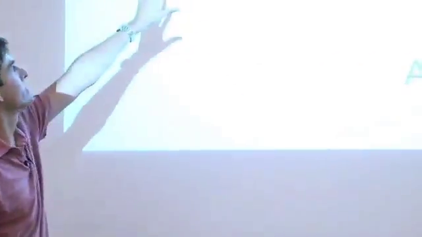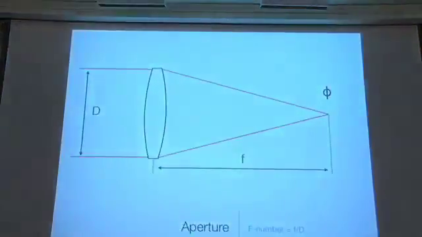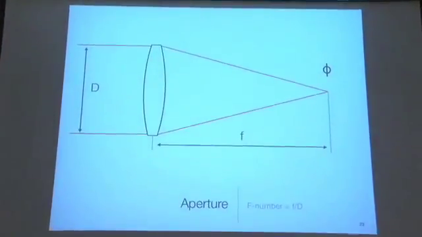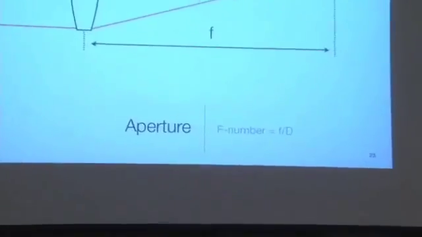But there is a glass element in there that's the limiting factor, and you can think of that as being this diameter here. So you take the focal length, you divide it by the diameter, and you get this F number.